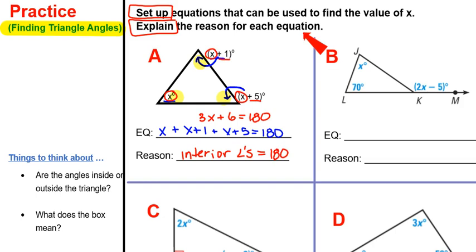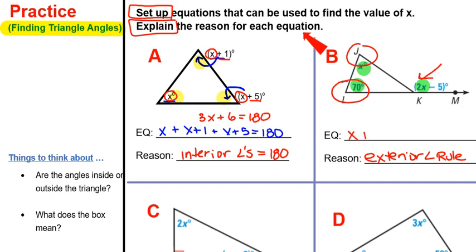If I look at question B, I notice that I have these two angles on the inside, but then I notice that the third one is on the outside. This is an exterior rule. And when we do that exterior angle rule, remember these two have to add up to be the outside angle.